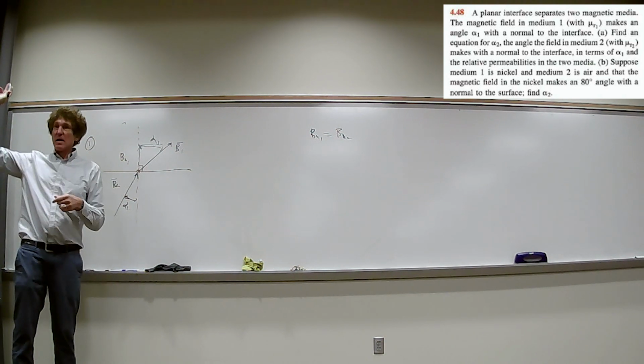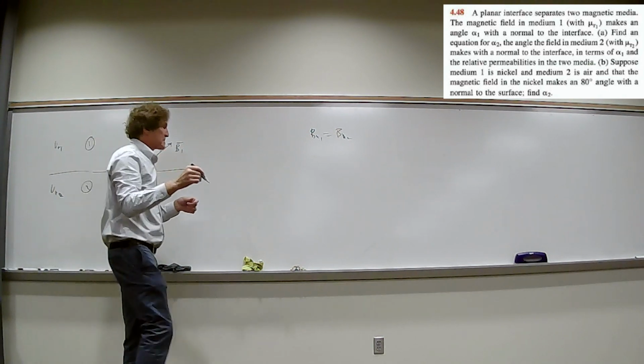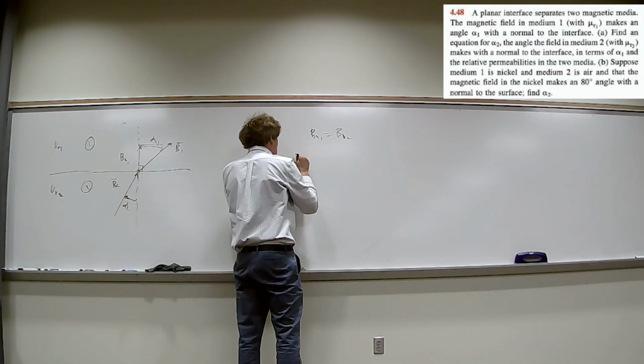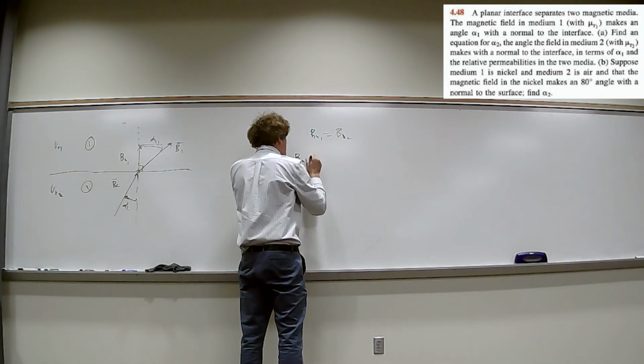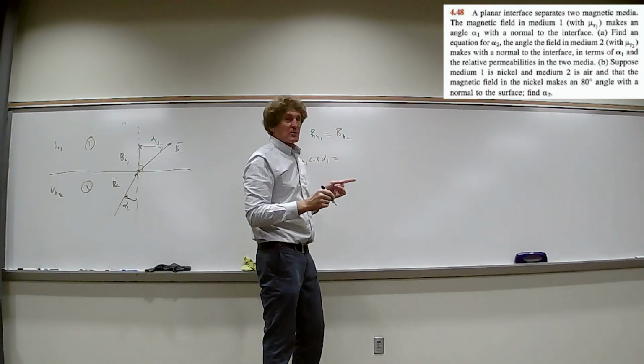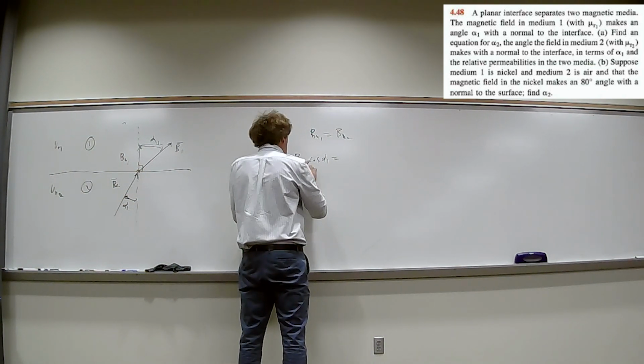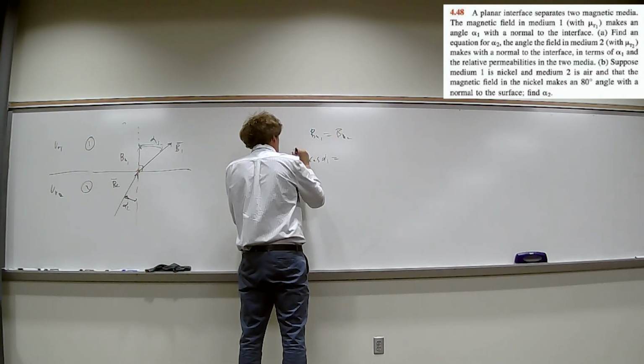How many see that? Can you all see it in the back there or not? All right, so B normal 1 equals the magnitude of B1 times cosine of alpha 1. This is the magnitude of B1, my bad.